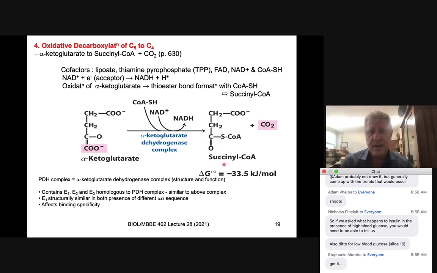This particular energy system, minus 33.5 kilojoules per mole. So again, a substantial amount of energy being in the exergonic component, which can be then coupled with reactions that are not so favorable in those demise of biomolecules.